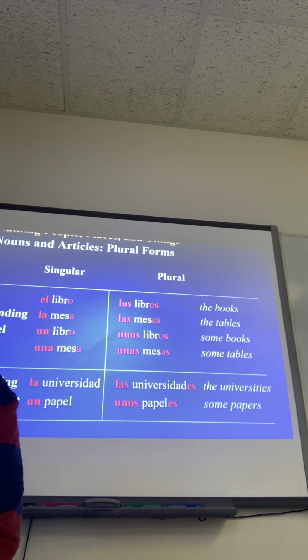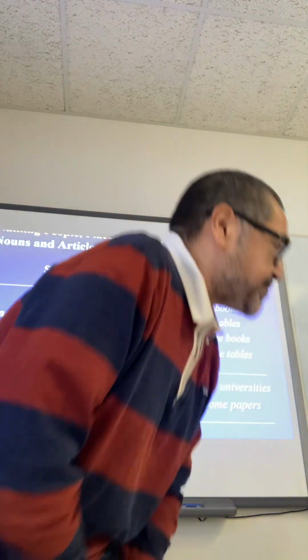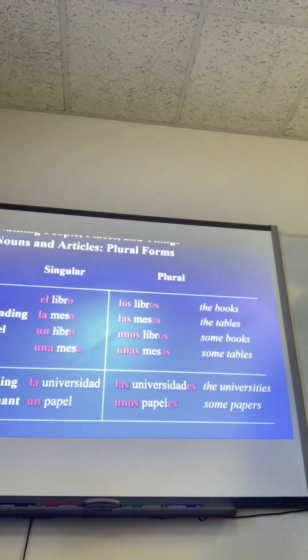And while I am fairly liberal with the spelling, especially at this level, this is going to be the first thing where I say spelling counts, with words that end in Z when you make them plural. So if you put L-A-P-I-Z-E-S, I am going to give you partial credit.